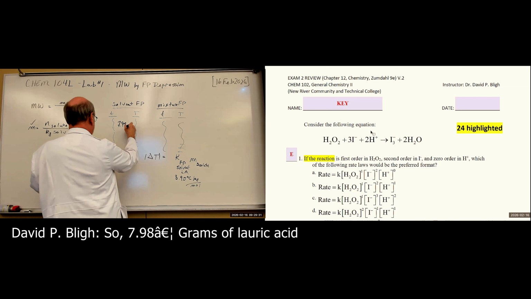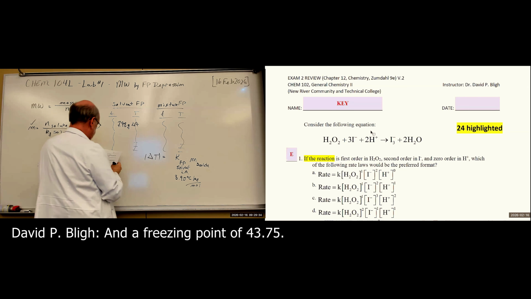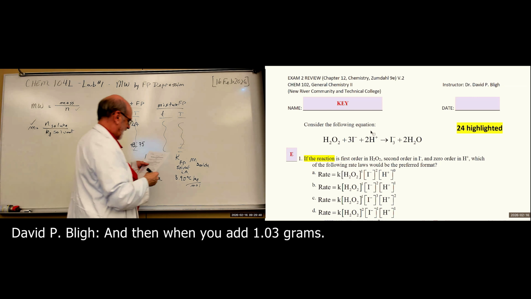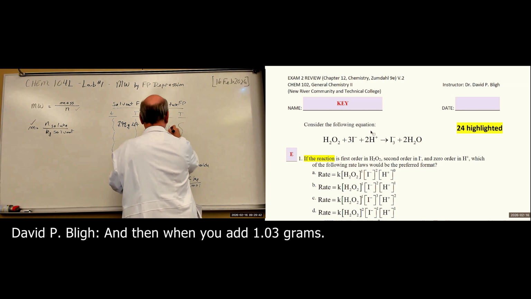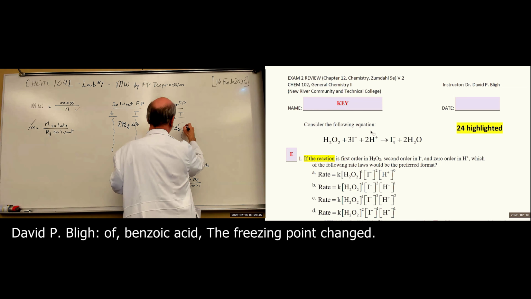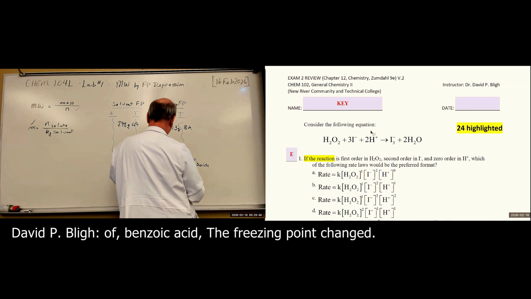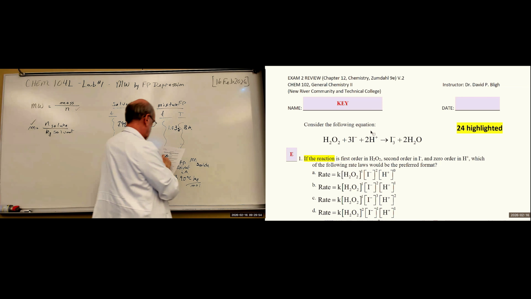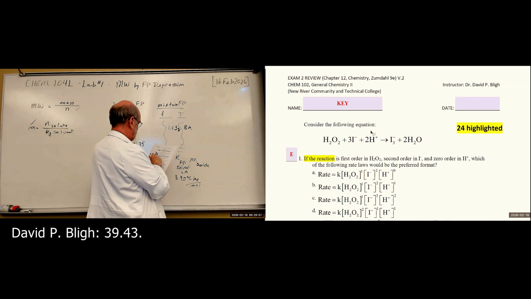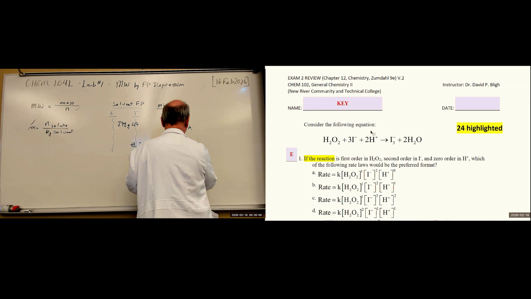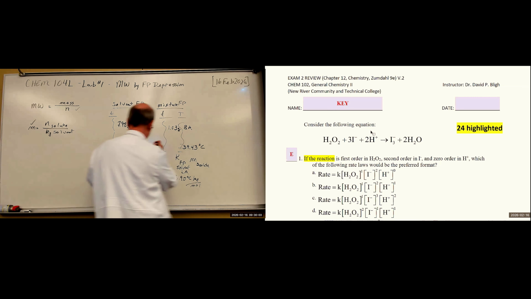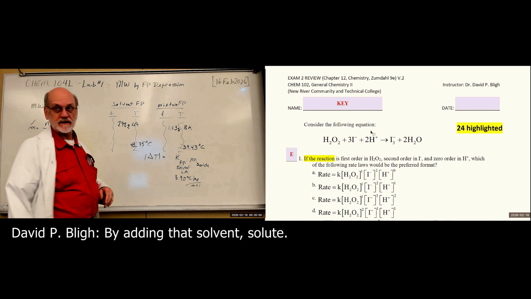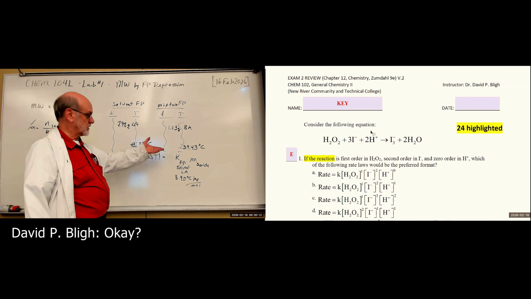Then when you add 1.03 grams of benzoic acid, the freezing point changed to 39.43. So we see that there's a depression in the freezing point by adding that solute.